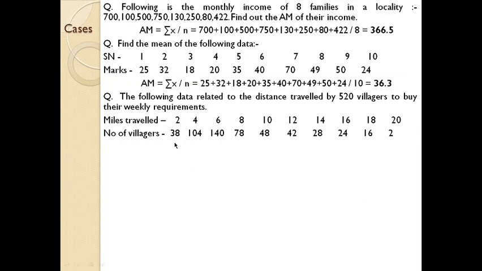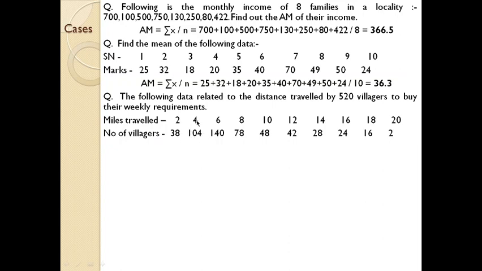See, here it is said that 38 villagers, that is 38 persons, have traveled 2 miles. Or we can say it like this: 4 miles was traveled by 104 villagers.